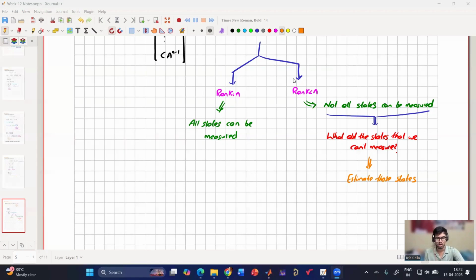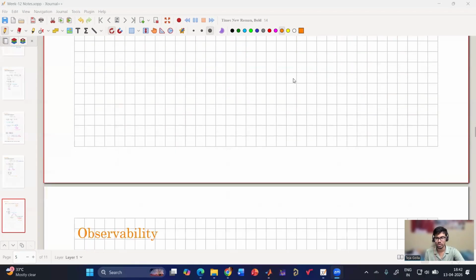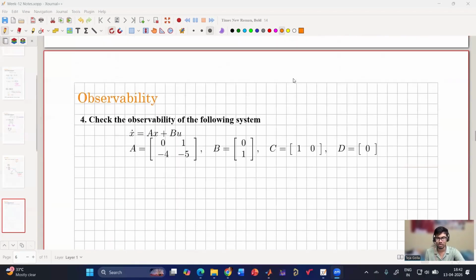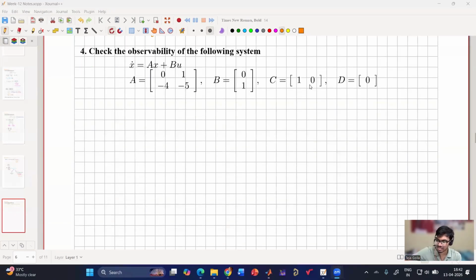So again, we'll solve a couple of problems before we move into the design part so that our concepts will be cleared. Here I have given one question where I have said to check the observability of the following system. What is the order of the system? The order of the system is 2, so n equals 2. Now I have to calculate C as well as CA, because A to the power n minus 1 is A, since n equals 2.